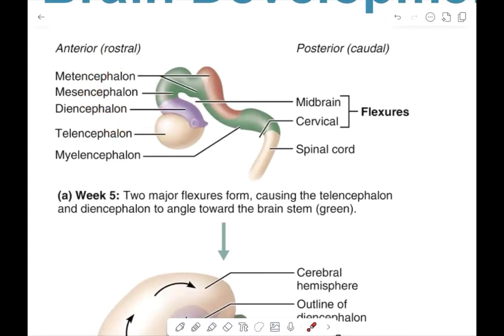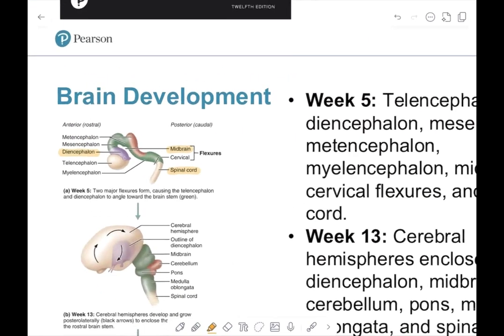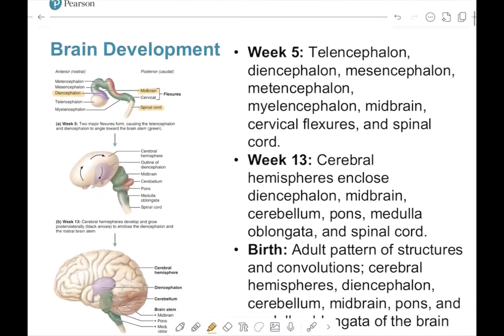The main one that I want you to be responsible for is diencephalon, because that's going to remain in the adult brain. We also see the midbrain, which is going to be part of the brain stem in the future, as well as the spinal cord. So let's look at what happens during week 5.